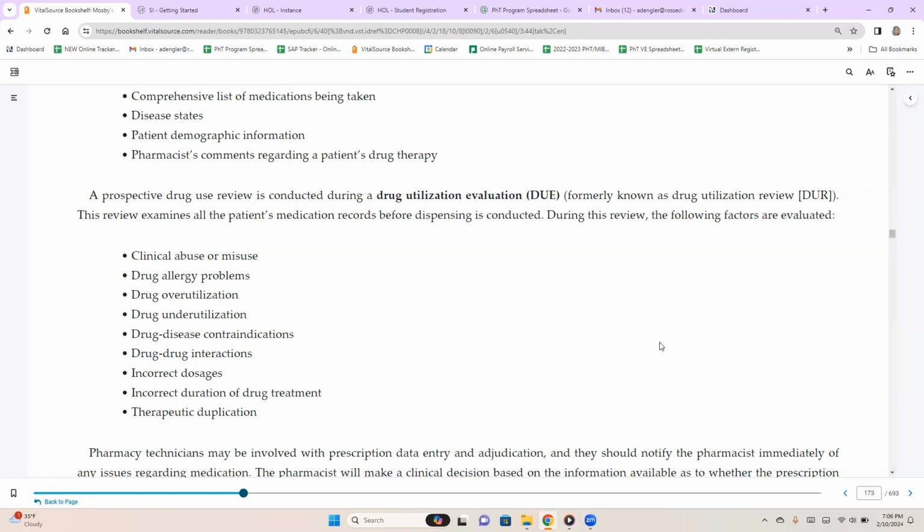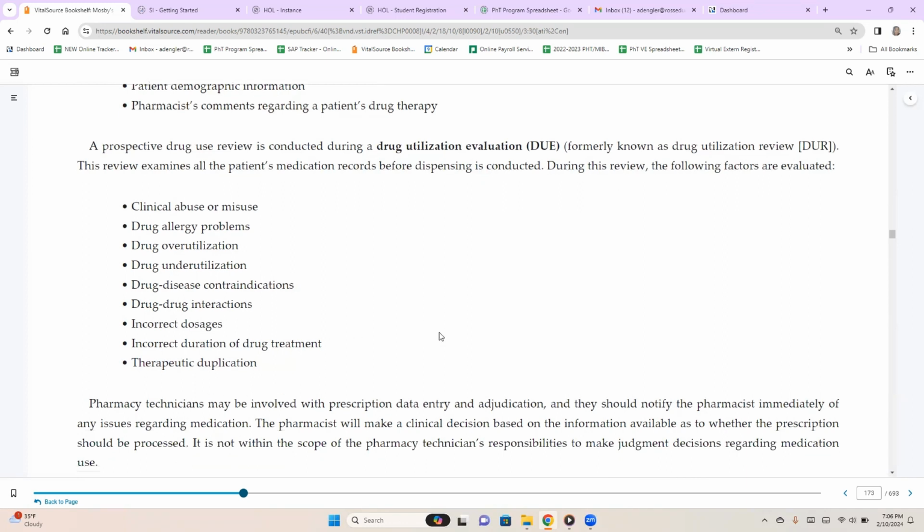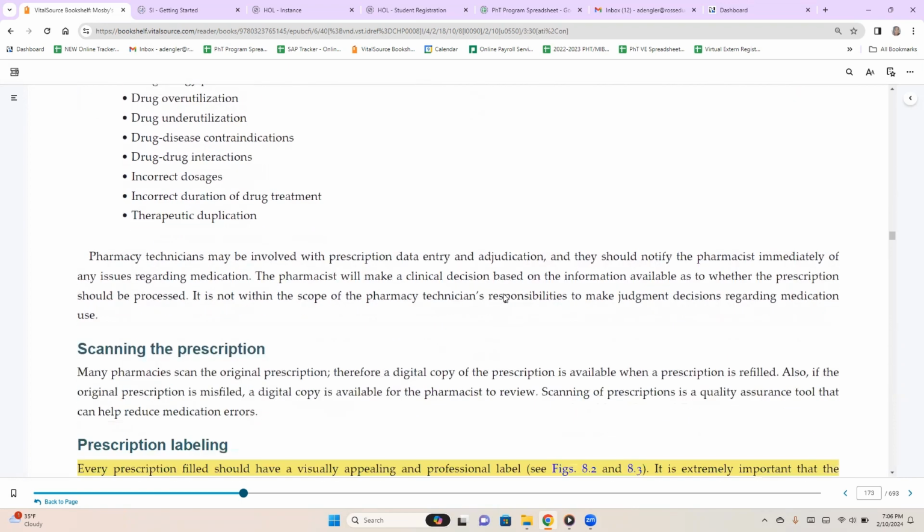And they're going through the insurance, but the insurance is wondering about the usage of their medication. And therapeutic duplication, if they think you're possibly doing clinical abuse or misuse, that might come up on the DUE as well.